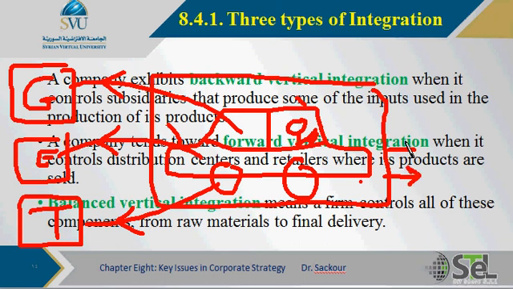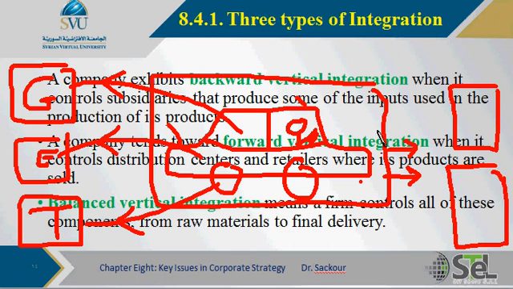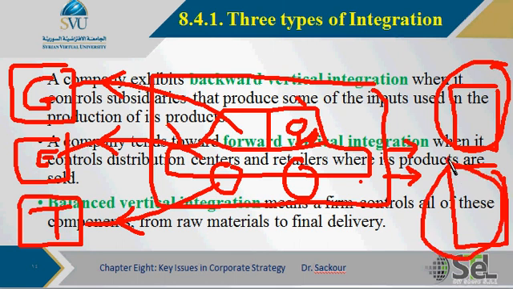We give cars to the market, to exhibitions, to retailers and wholesalers. Forward integration is to acquire and buy the exhibitions, wholesalers, and maybe retailers. So we go a step toward our customers and acquire them.